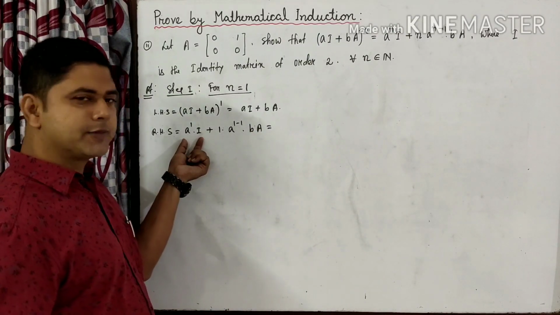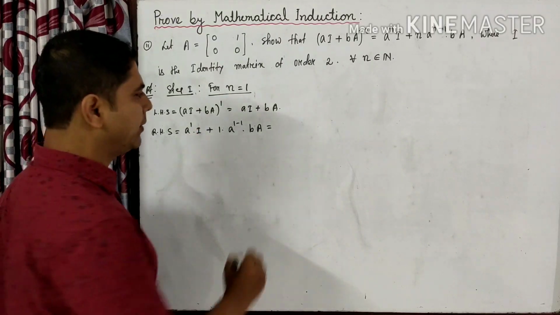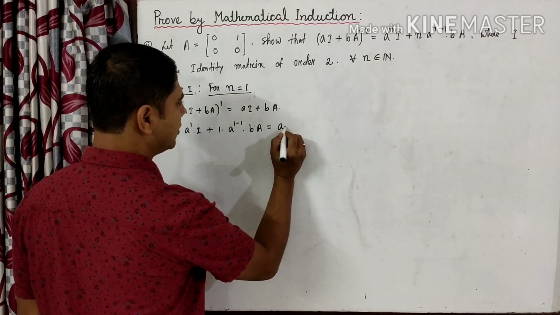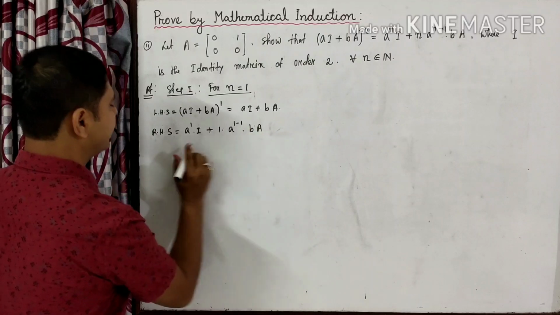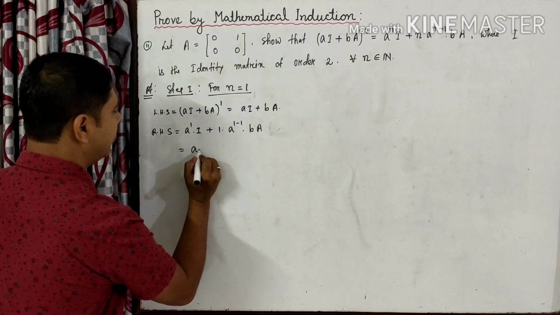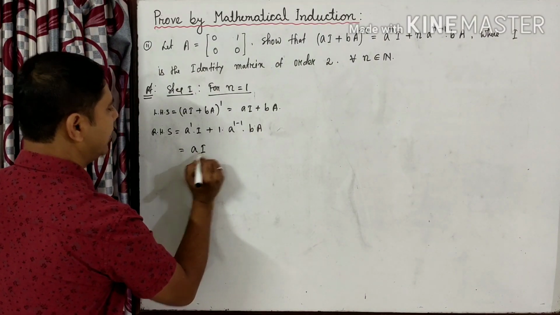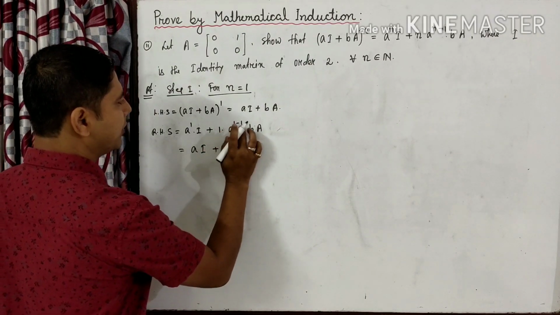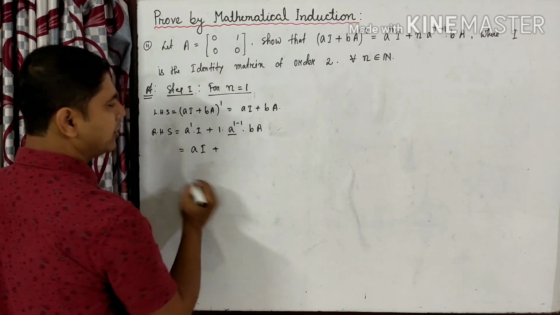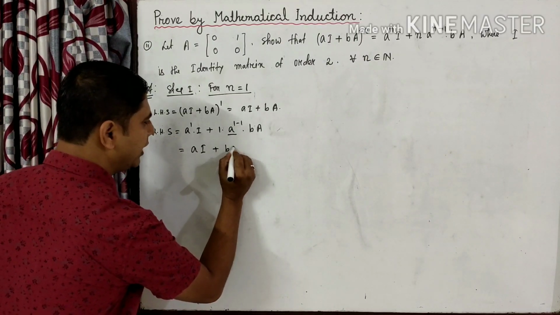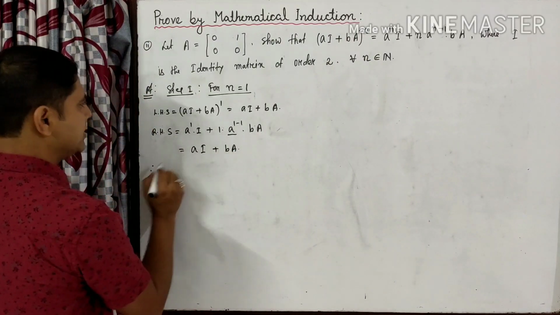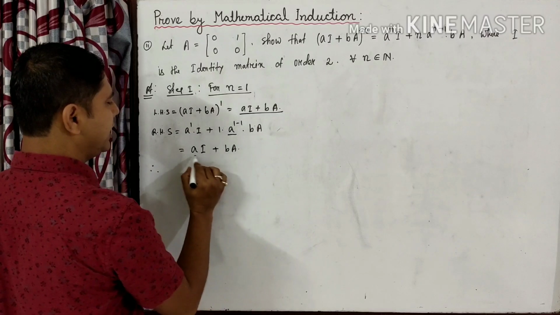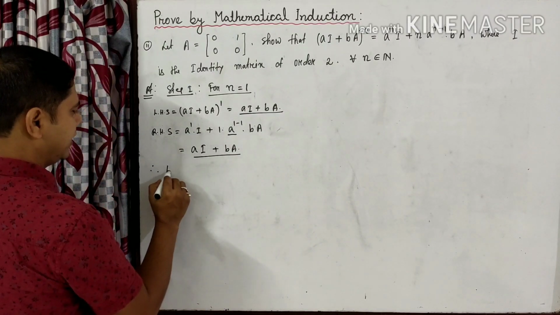So what is the value of this part? A to the power 1, a is a scalar quantity, definitely this part equal to a into I. Next, 1 into a to the power 1 minus 1 means what? A to the power 0, a to the power 0 means 1. Finally you have bA. That means you have aI plus bA, this one also aI plus bA.